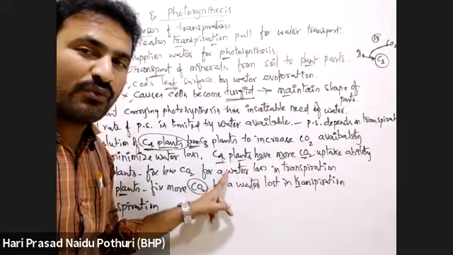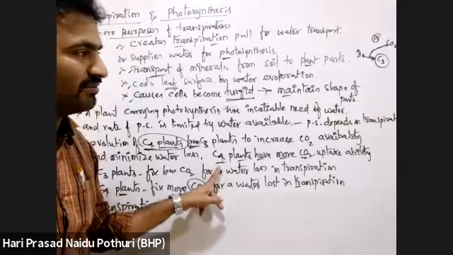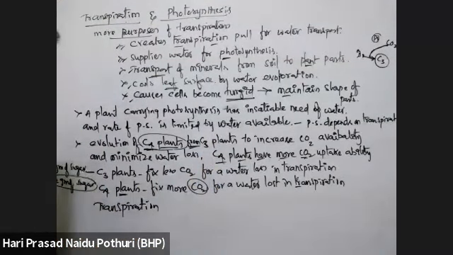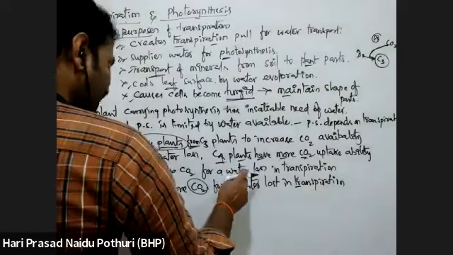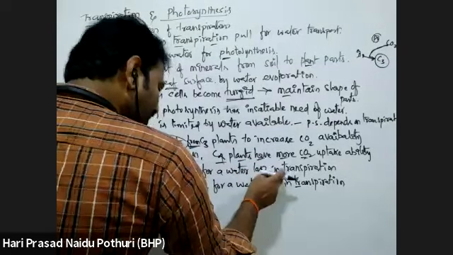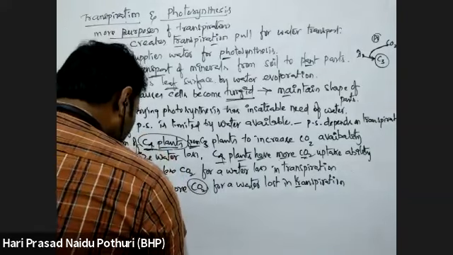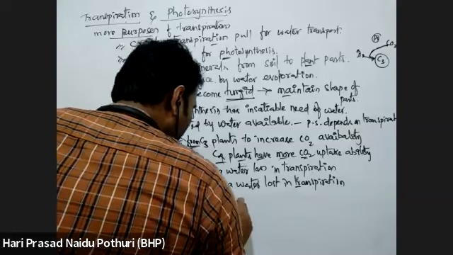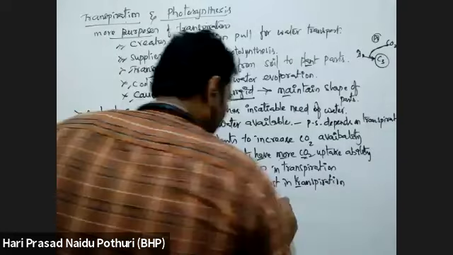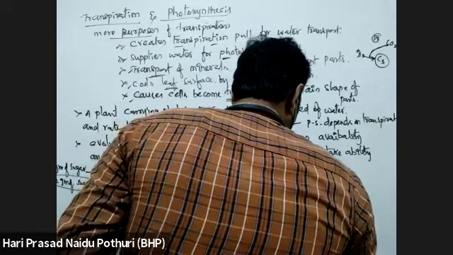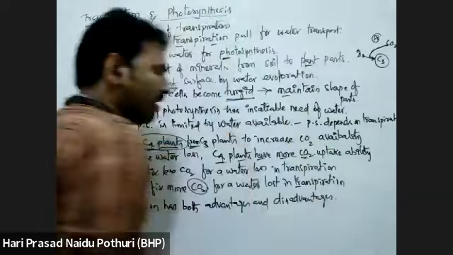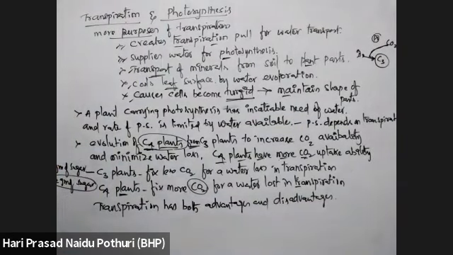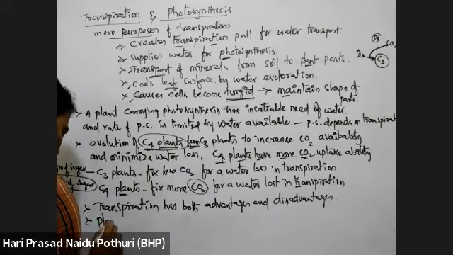The disadvantage is that loss of water decreases the rate of photosynthesis. Loss of water in transpiration decreases the rate of photosynthesis. So transpiration has both advantages and disadvantages, but plants cannot check transpiration.